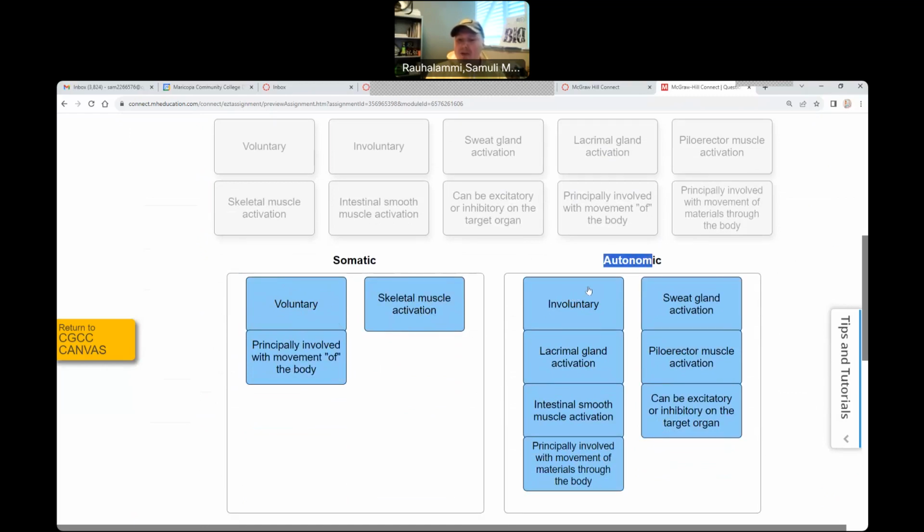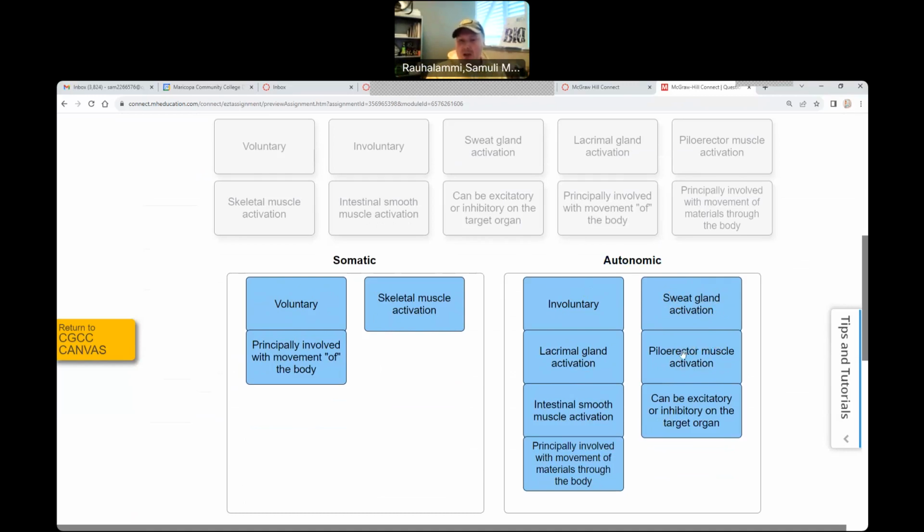Some examples that would fall under the autonomic nervous system include things like activation of glands. It doesn't just have to be endocrine glands, hormone glands. It can also be exocrine glands like sweat glands, lacrimal glands, activation of the muscles that are responsible for your goosebumps. We talked about those earlier this semester, the concept of piloerector muscles, so arrector pili.